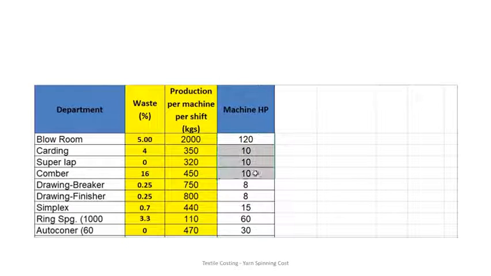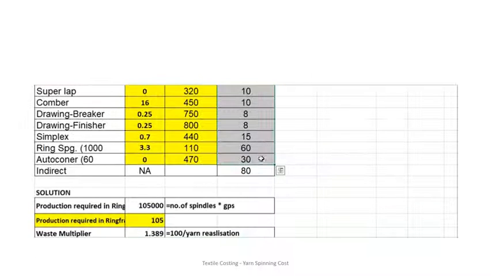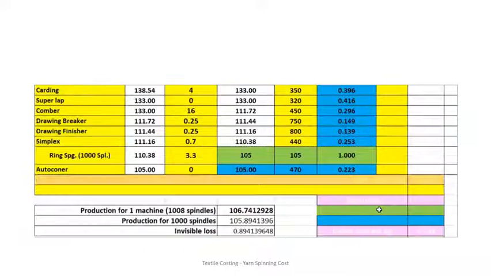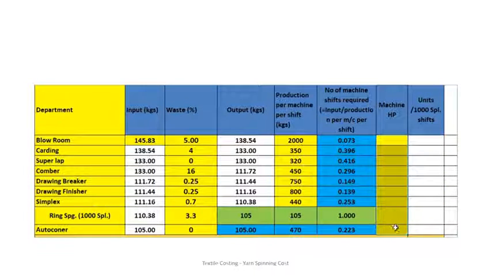See, we have here just copy and pasting the values here, the machine HP for the various departments: blow room 120, carding 10, superlap, comber and all. Finally, we have here the calculation for the units per 1000 spindle shifts.